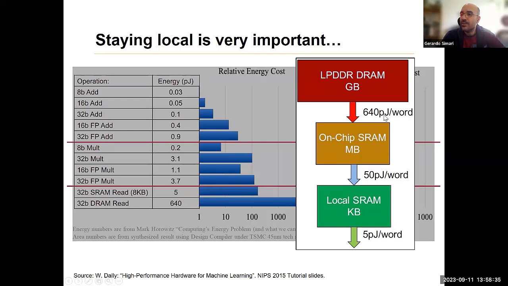But then you have also on-chip SRAM, which is bigger, the cache storage that you have, but it's already 10 times more expensive in terms of power, and then another more than 10x jump when you have to go to RAM. So RAM is very, very fast compared to disk, but it's pretty bad compared to registers on your chip. So you have to be very careful if you're being sensitive, careful with how much power you're spending.